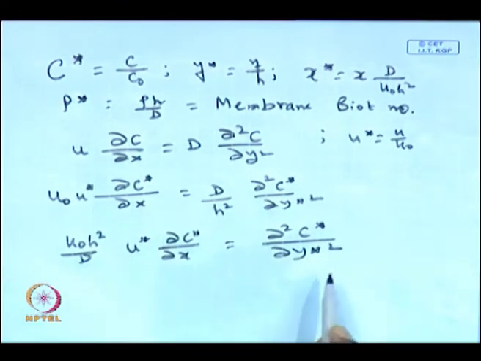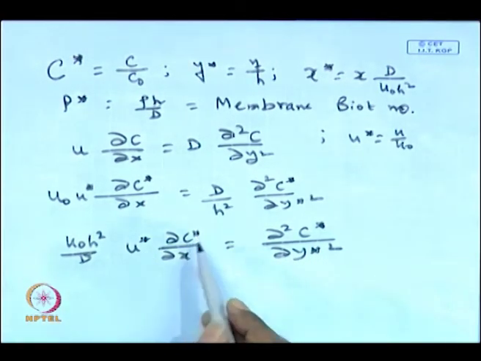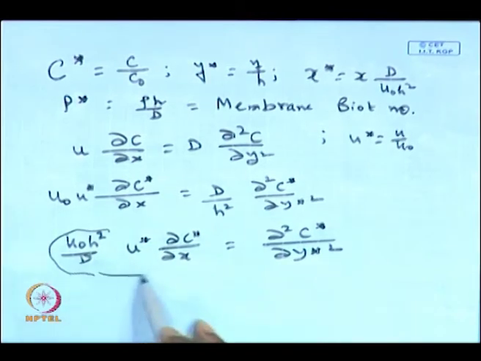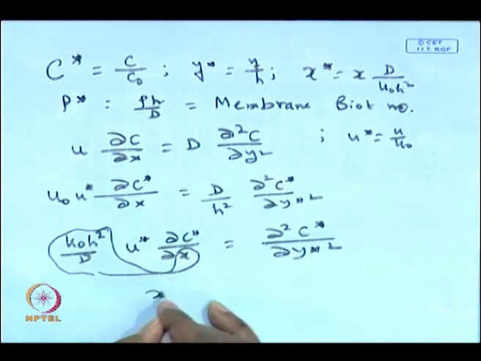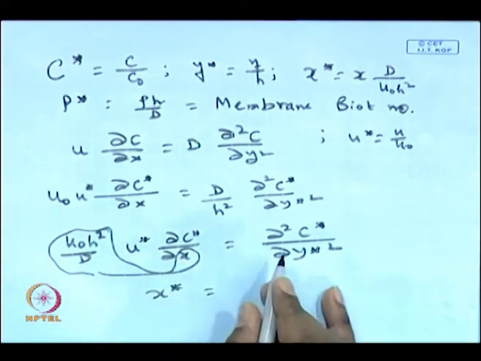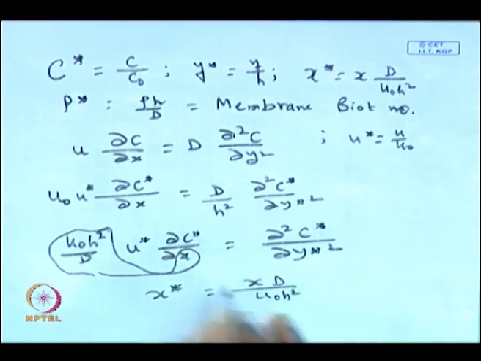On the right hand side it is fully non-dimensional, and on the left hand side U star and C star are non-dimensional, which means this has to be a non-dimensional quantity. Okay. So we define X star as X multiplied by D divided by U 0 H square.